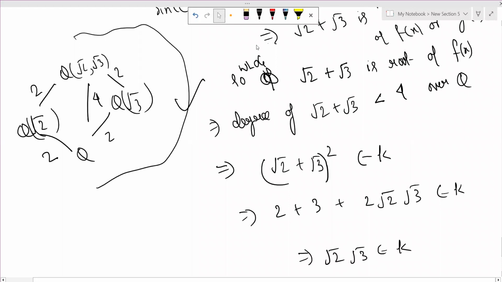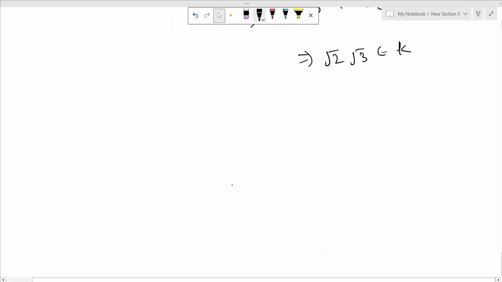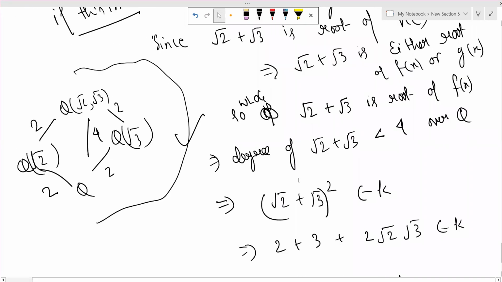Let's do this by the tower method. So root 2 plus root 3 is an element of Q root 2 root 3, but since root 3 is not in Q root 2 and root 2 is not in Q root 3, this is the smallest extension containing root 2 and root 3.